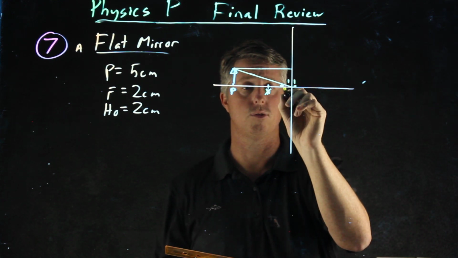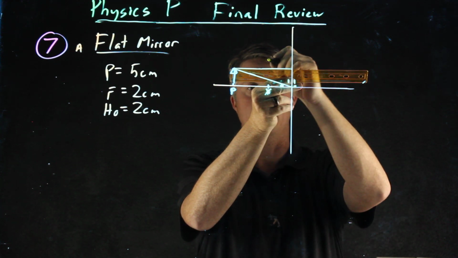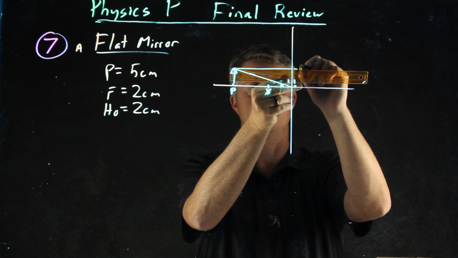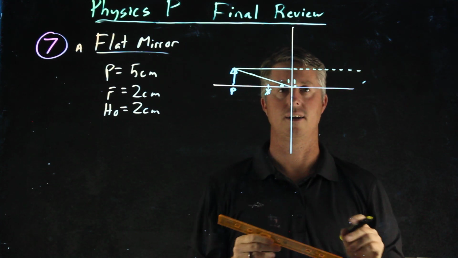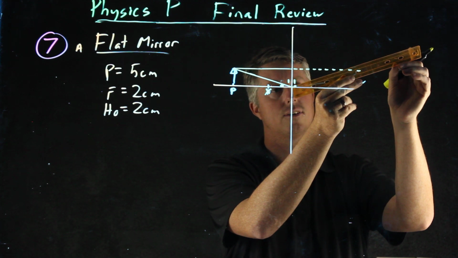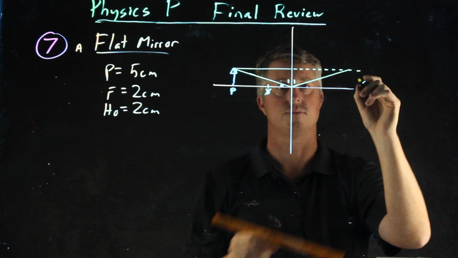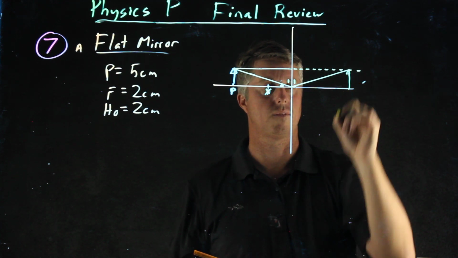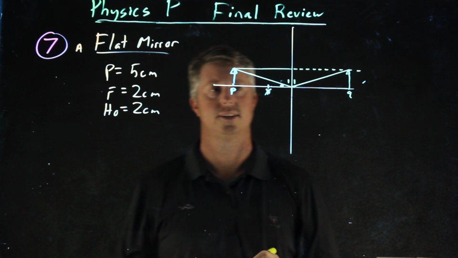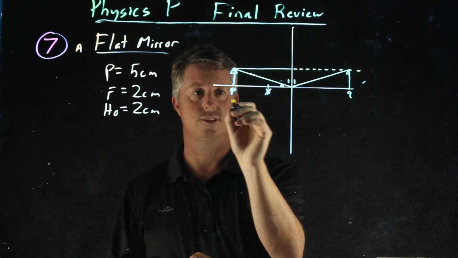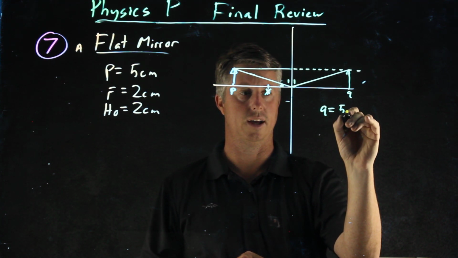So I could use a protractor to measure this. Or I know the fact that the light came in and bounced, but there's an imaginary line right there. And that imaginary line is going to have the same distance. This is Q. In the mirror, this distance here is going to be the same, and so Q is going to equal 5 centimeters.